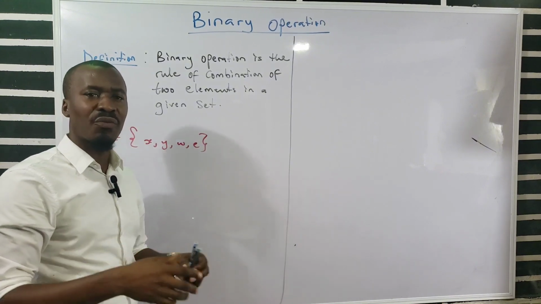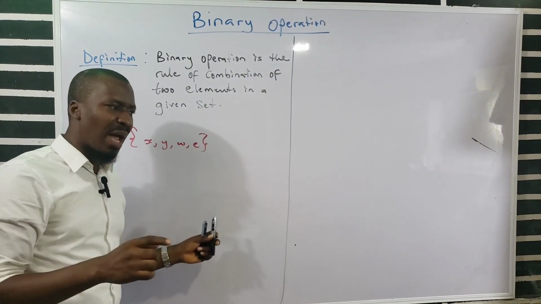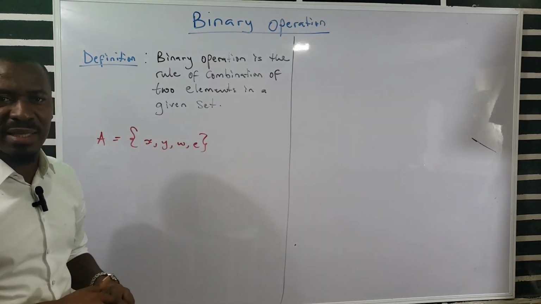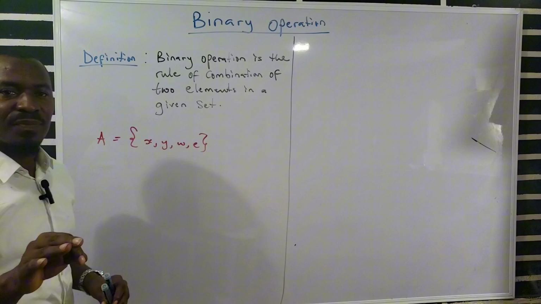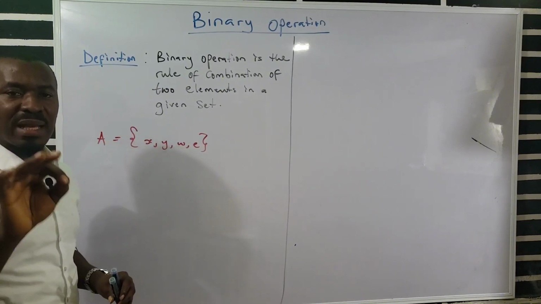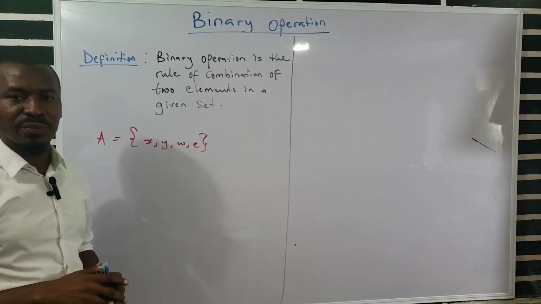You don't need to start thinking about how you are going to get the rule of combination of two elements in a particular set, because the rule of combination of any given two elements will be given to you.